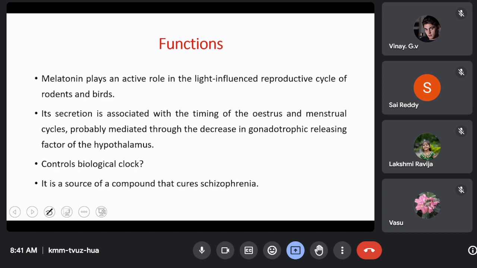Why? They think, though not experimentally proved, that everyone believes the pineal gland is the one which controls our circadian rhythms, the biological clock. If you want to wake up at a certain time in the morning, say 4 o'clock, then after sleeping you will wake up exactly at 4 o'clock.